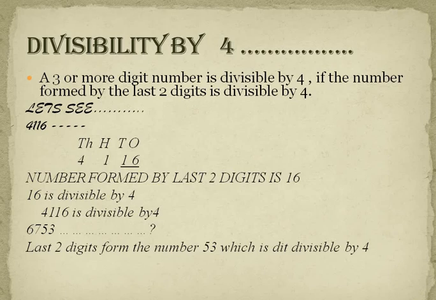Can we divide 53 by 4? The answer is no. Therefore, the number 6753 is not divisible by 4. You need not do the long division. By just looking at a number, you can tell whether it is divisible by the given numbers or not.